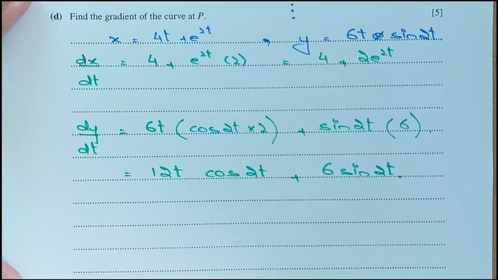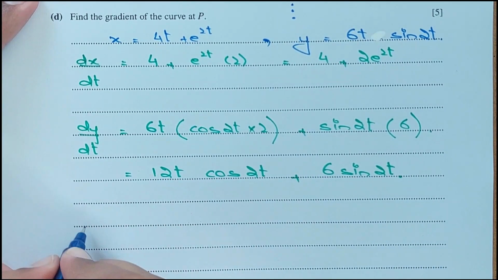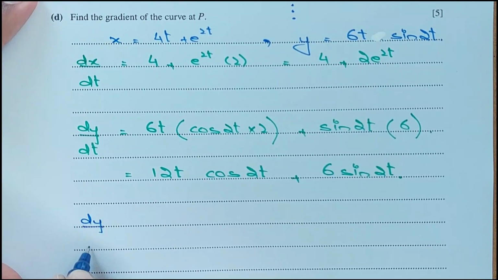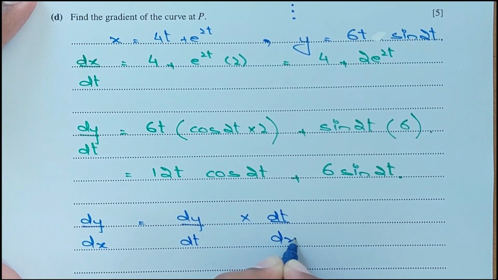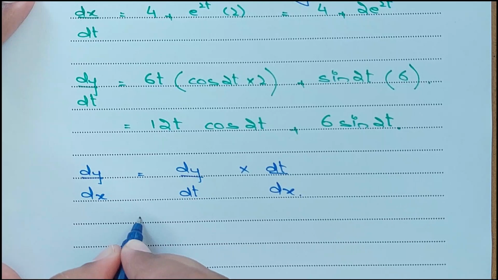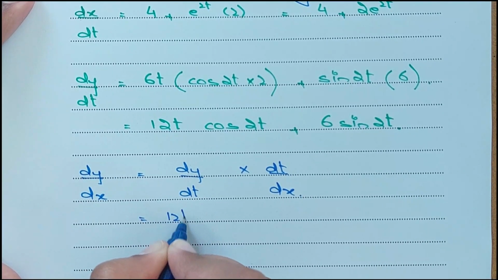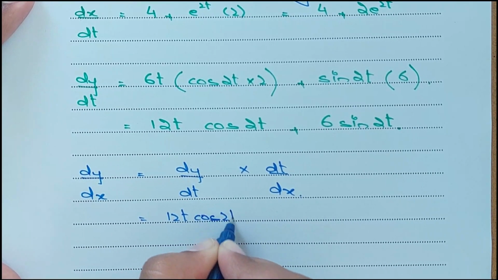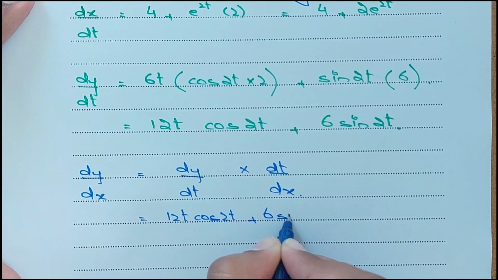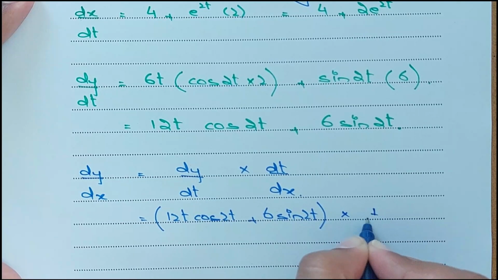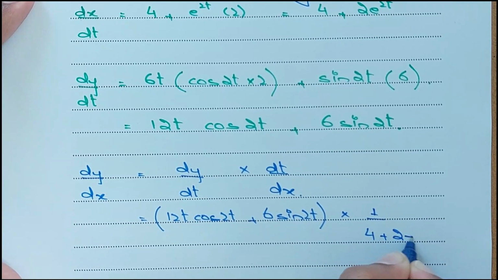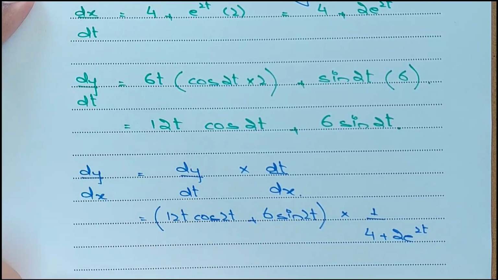Applying the chain rule here, we have dy over dx is dy over dt times dt over dx. dy over dt is 12t cos 2t plus 6 sine 2t, times 1 over 4 plus 2 e power 2t, the reciprocal of dx over dt.